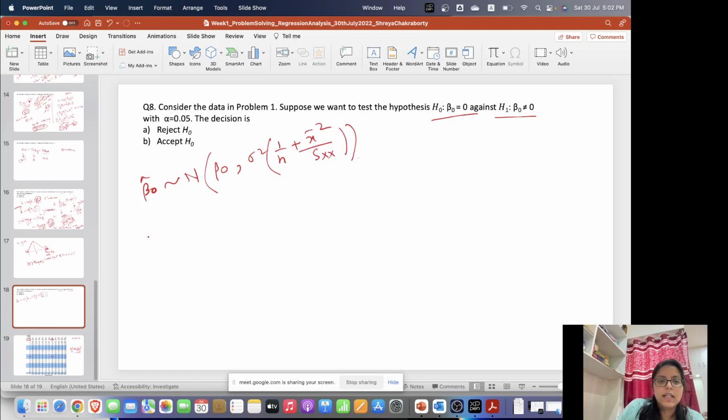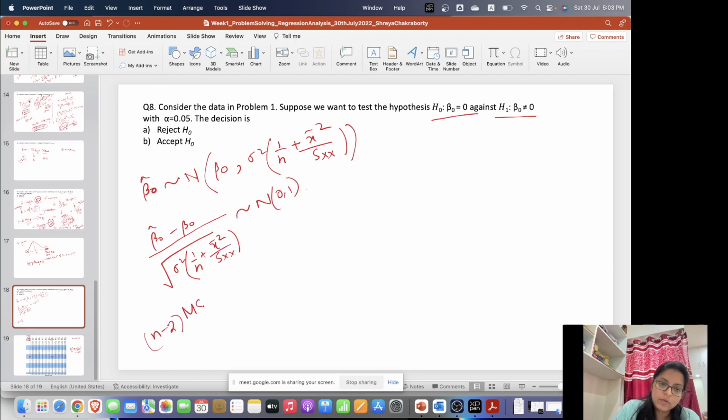So similarly, beta naught hat minus beta naught divided by this thing follows normal 0, 1. Again, (n minus 2) MS residuals by sigma square follows chi square n minus 2, and these are independent.